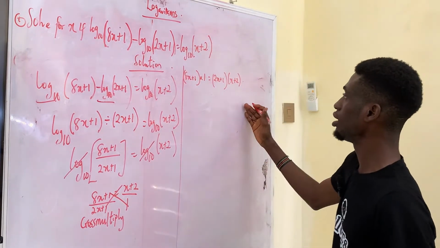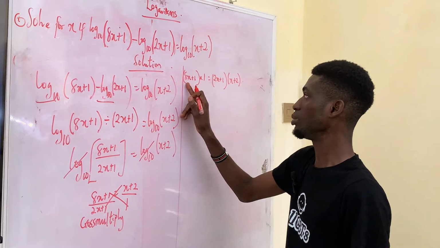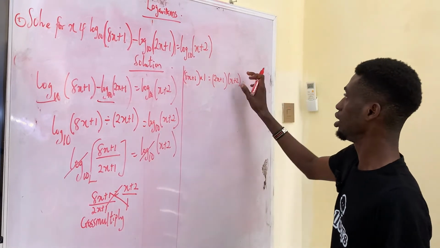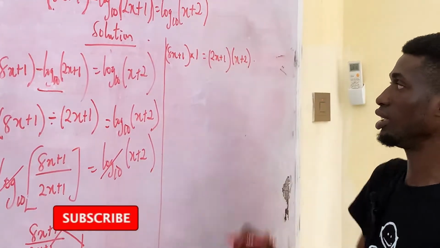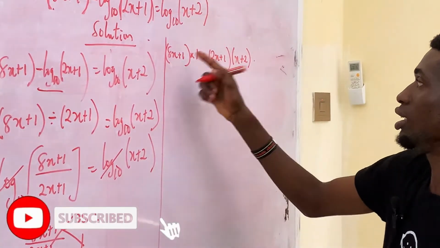So we can expand the bracket. 1 is going to multiply all that is inside here, then x plus 2 is going to multiply or open this bracket. So let's multiply each time.